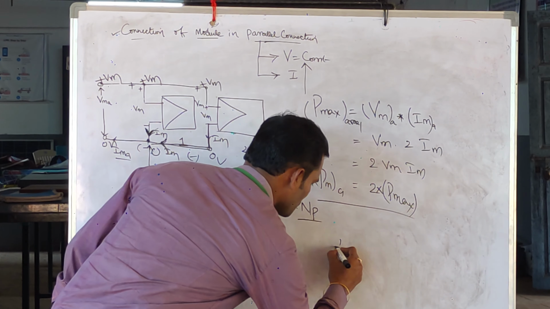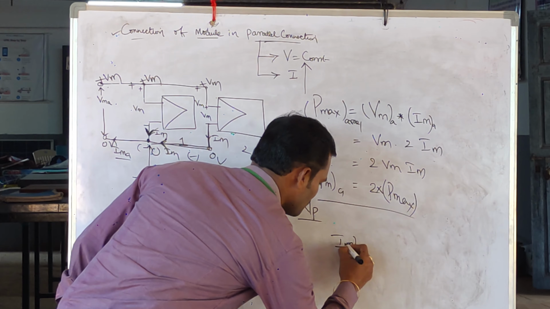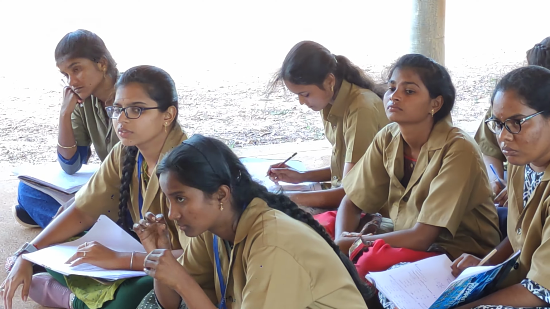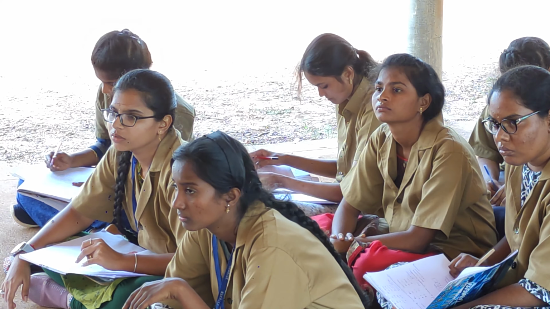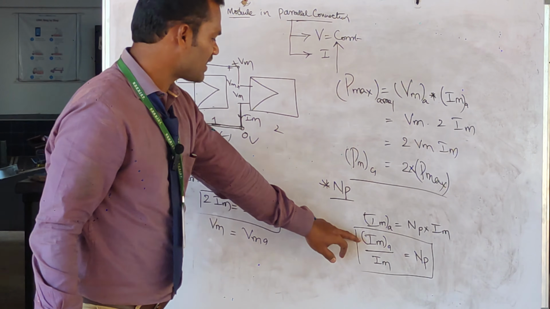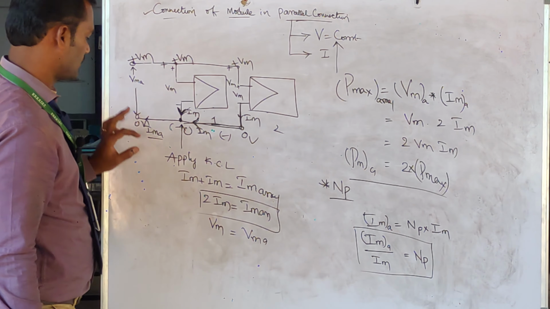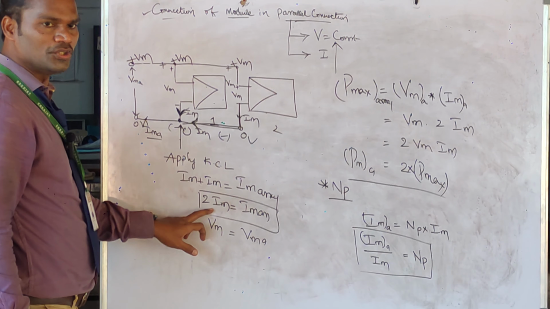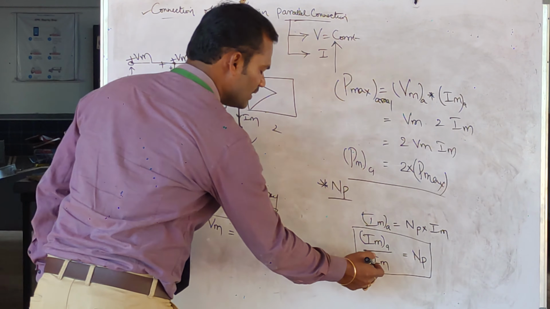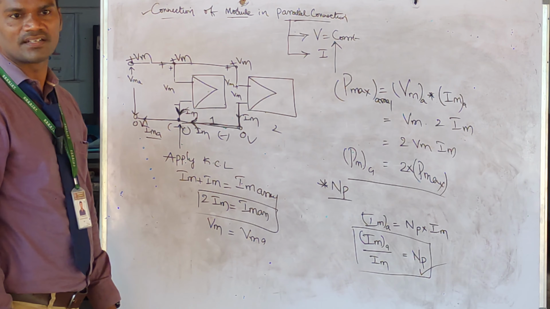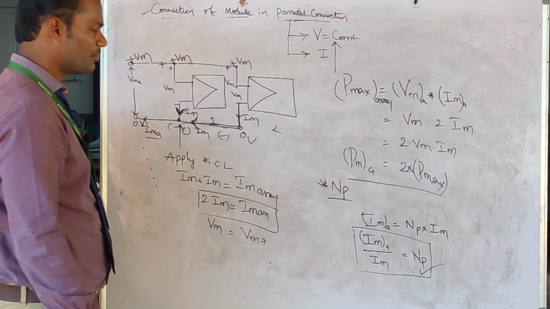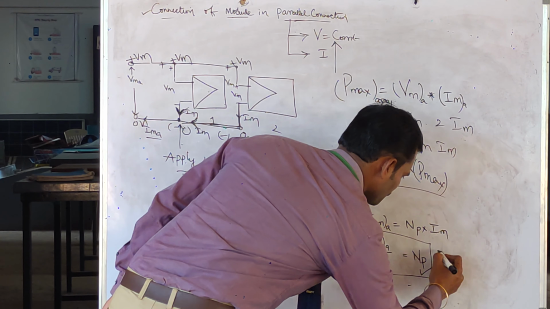How to write down the maximum current? The maximum current of the array is equal to the number of panels connected in parallel multiplied with the current of the individual panel. Then you are going to get the number of panels to be connected in parallel connection.